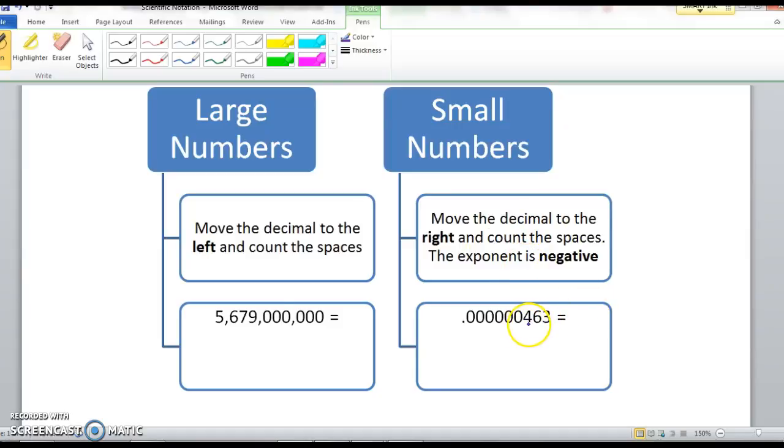So my decimal point, I'm going to look at my first digit, is going to go here. 4.63 times 10 to the, ready, here we go, 1, 2, 3, 4, 5, 6, 7, negative 7th power.